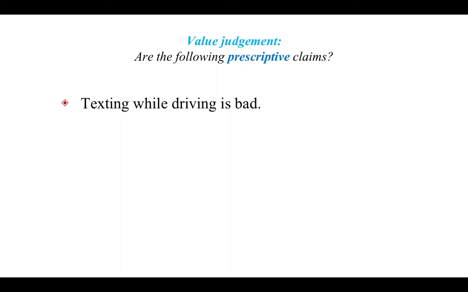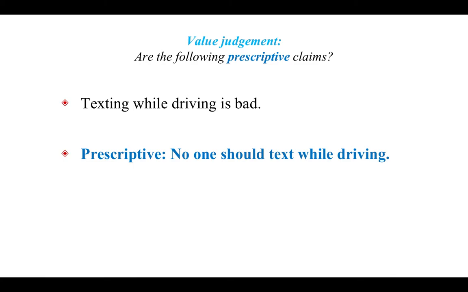Is this prescriptive or not? This is prescriptive because even though there is no phrase like you should not text while driving, that is not what it's explicitly saying. But when you read this, it's also indicating that you should not text people when you drive. Am I right? Therefore, this is a prescriptive claim.